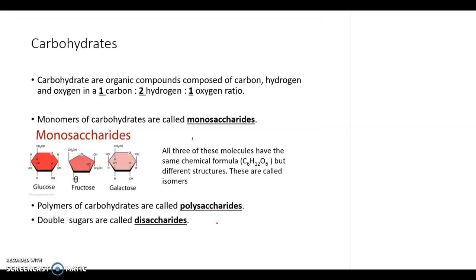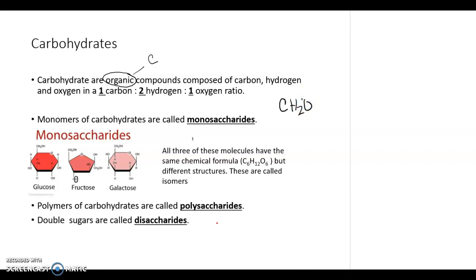Carbohydrates are organic molecules. So organic means that they contain carbon. They also contain hydrogen and oxygen, and do so in a ratio where for every 1 carbon, there's 2 hydrogen and 1 oxygen.